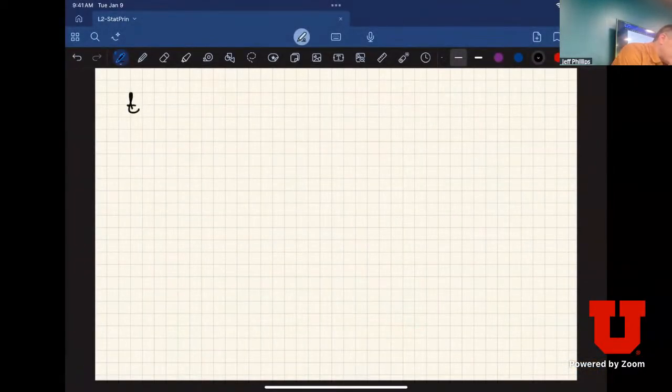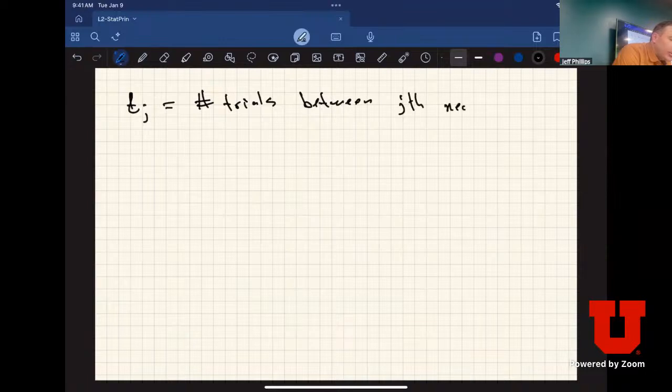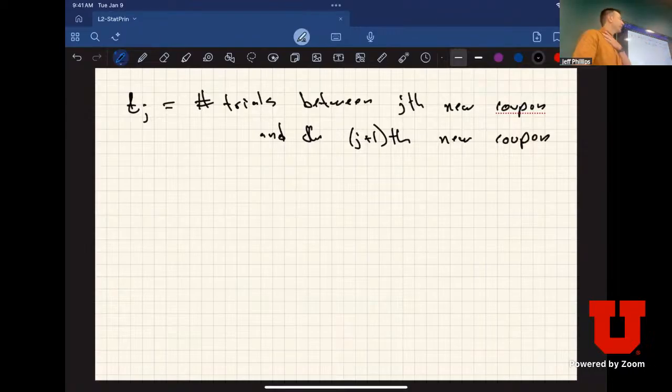Let Tj be the number of trials between the jth new coupon, the jth new thing we've seen, and the j plus 1th new coupon. So Tj is the number of trials between the jth and the (j+1)th new coupon that we've seen so far.